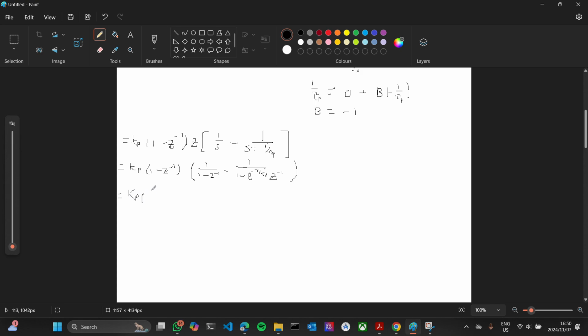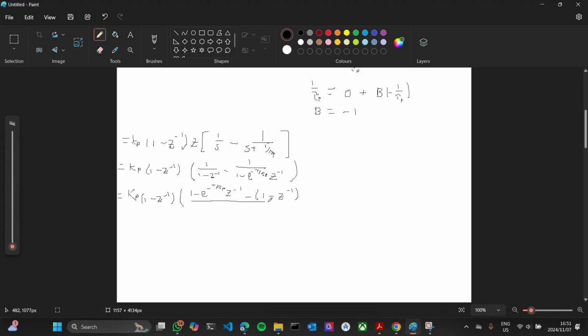Kp. This becomes (1 minus e to the negative T over tau p) z to the negative 1, minus (1 minus z to the negative 1).